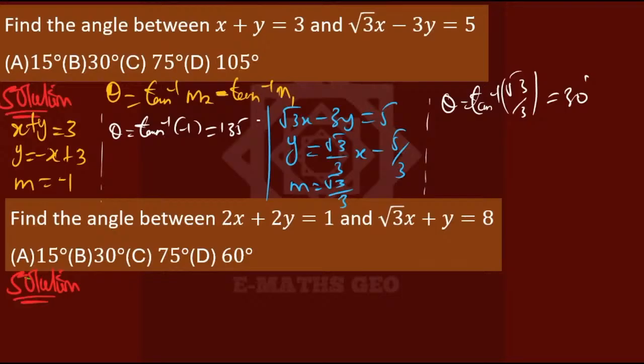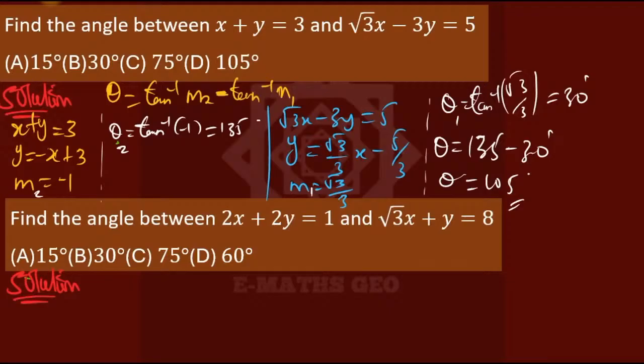We can see that 135 is greater, so this is our m2, and this is m1. Therefore, theta is now 135 minus 30. So our answer is 105.